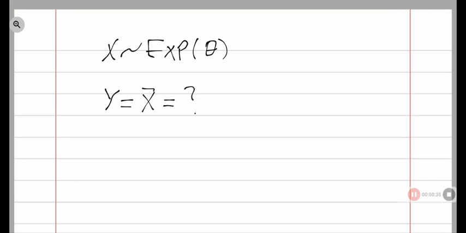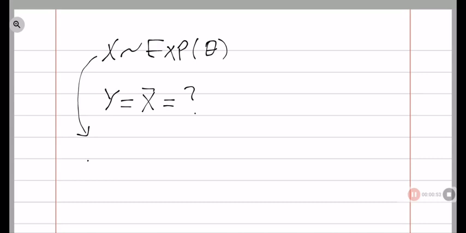We need to find the distribution of Y using the moment generating function.